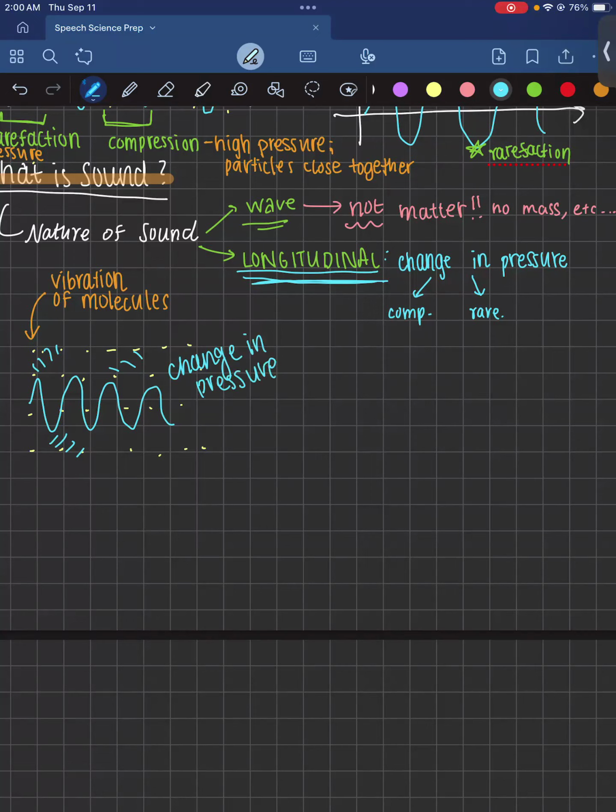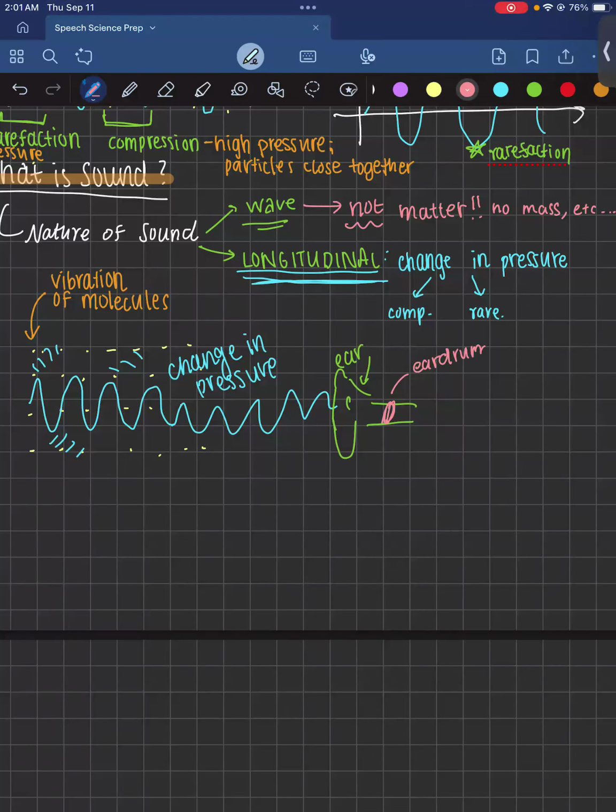And basically the sound wave is going to propagate all the way to your ear. I'm really bad at drawing the ear, but just imagine that this is the ear. I'll label it as the ear. And we're going to go more in depth about the auditory system and the anatomy of the auditory system. But here we have the eardrum or the tympanic membrane.